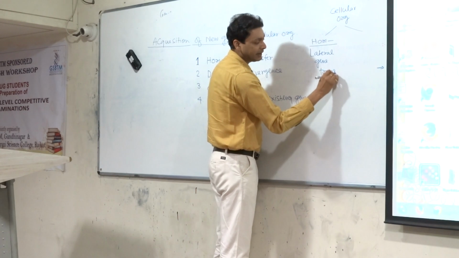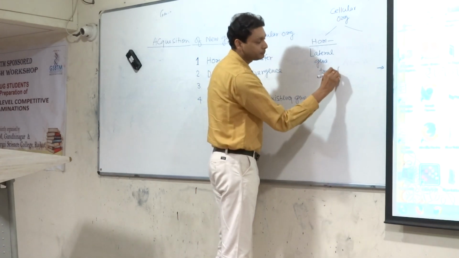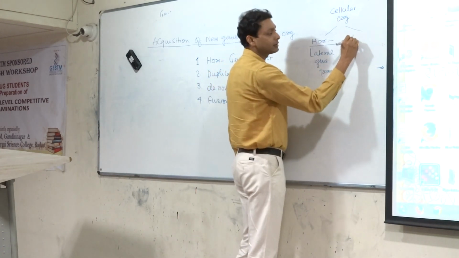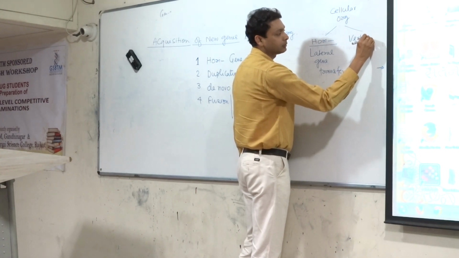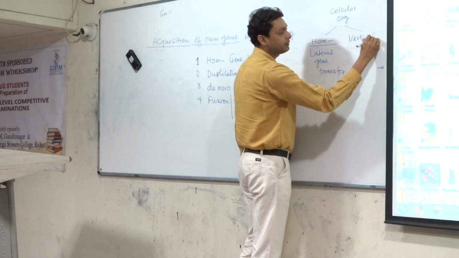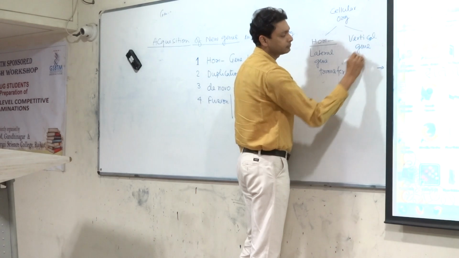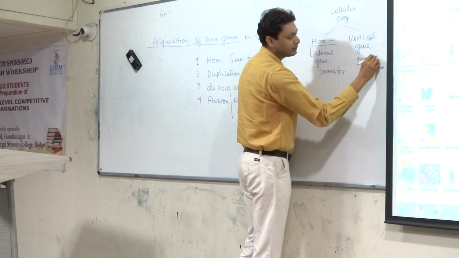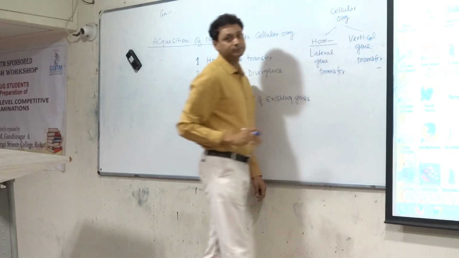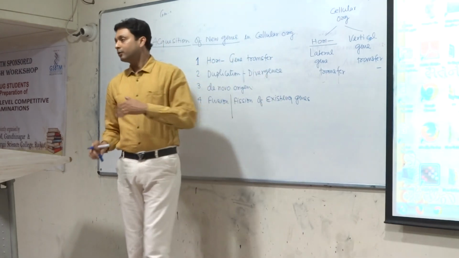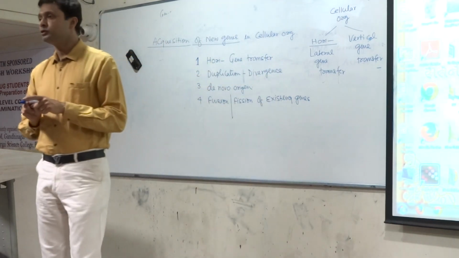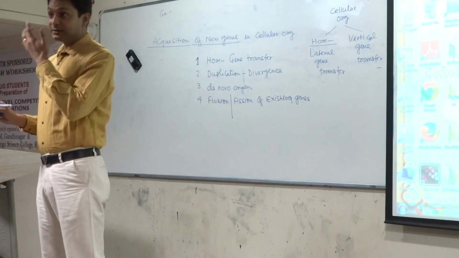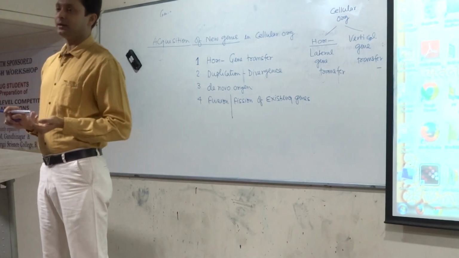And there is a second method for gene transfer, known as vertical gene transfer. So in the case of the cellular organism, there are two modes for gene transfer: one is lateral and the second is vertical.